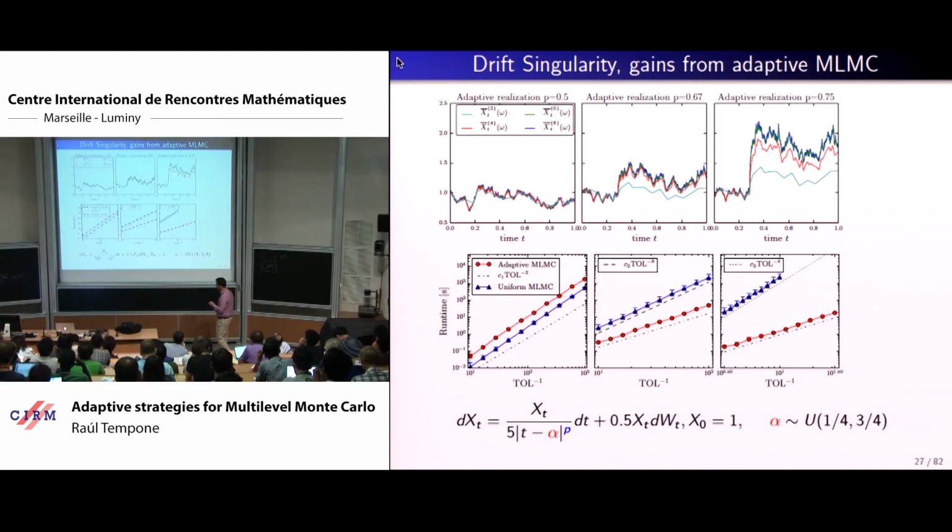Okay, but if you actually go to stronger singularities, so now we let P be beyond 1/2. And of course, you have to make sense that this SDE actually has a unique solution, but it does, as long as P, I think, is strictly less than 1. So you can see here for P equals 0.5, that was the previous example, you don't see much of an advantage between multilevel Monte Carlo uniform and adaptive, but as you start raising the P, you clearly see the advantage between adaptivity and non-adaptivity.